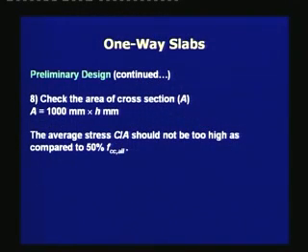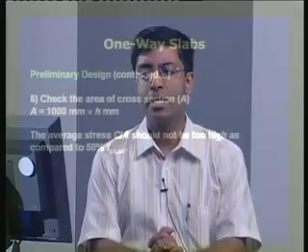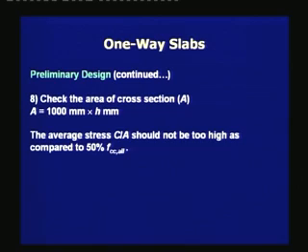In the 8th step, check the area of cross section A, where A is equal to 1000 times H. 1000 is the width of a 1 meter wide slab, and H is the total depth. The average stress C divided by A should not be too high as compared to 50% of FCC allowable.